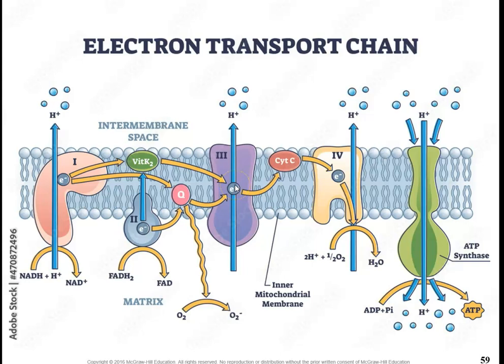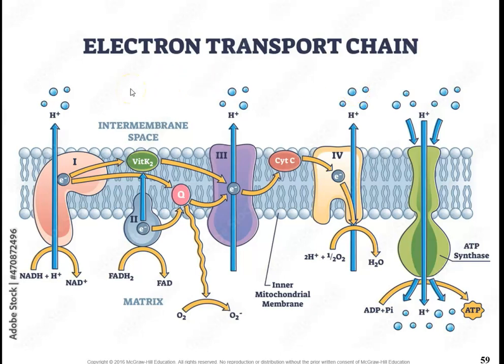Complex 3 undergoes a conformational change, opens up its channel, and allows hydrogen ions to flow through. Same thing with complex 4. When electrons arrive at complex 4 from cytochrome C, they induce a conformational change and hydrogen ions are pumped through.